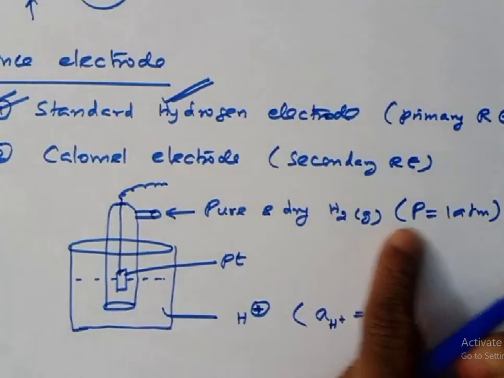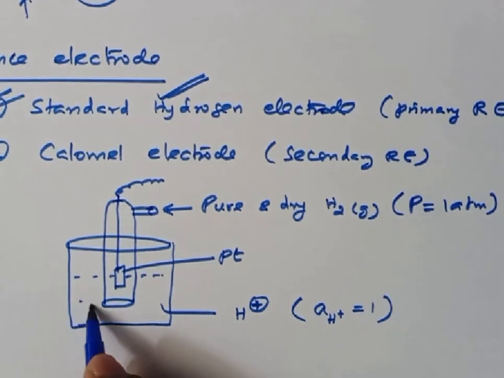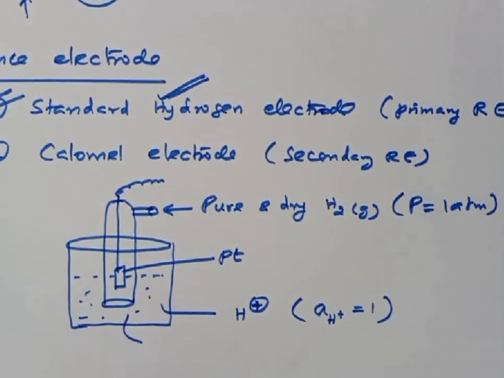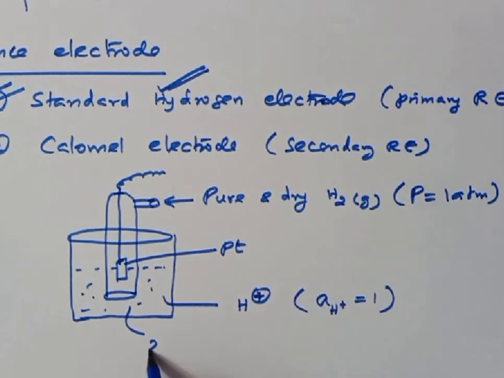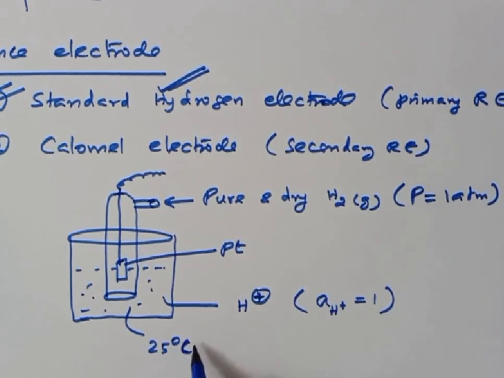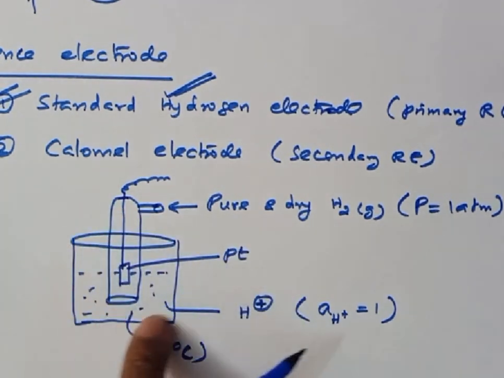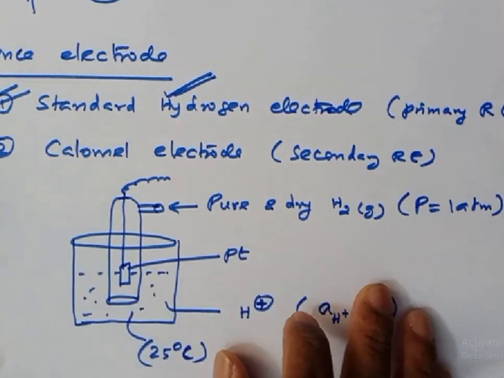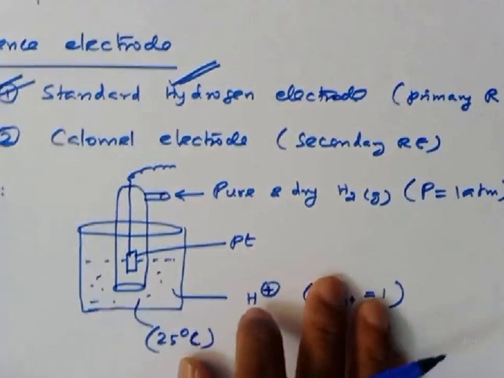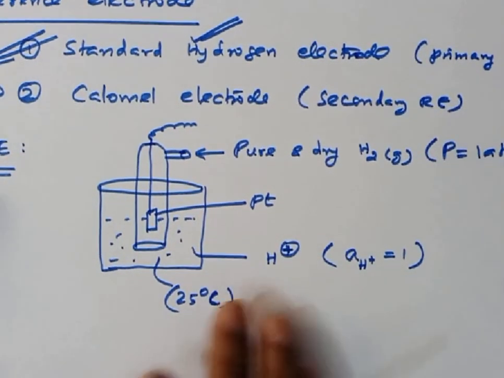And the solution temperature, this is actually not a standard condition, but by convention we use 25 degrees Celsius. Then the potential developed at this electrode is called the standard hydrogen electrode potential.